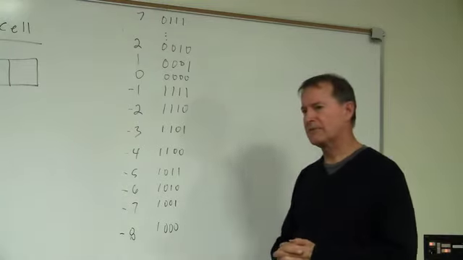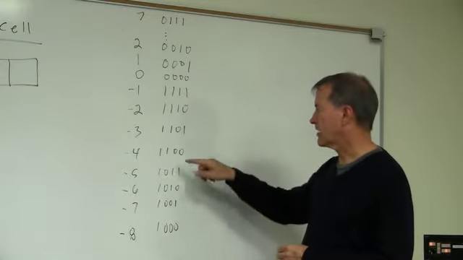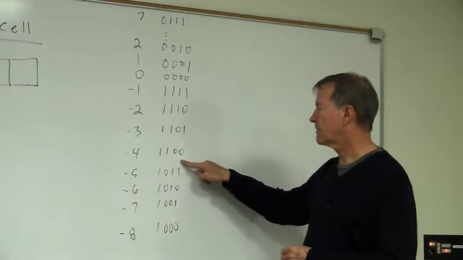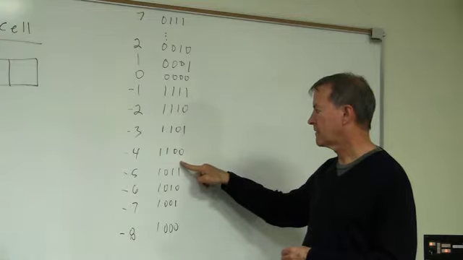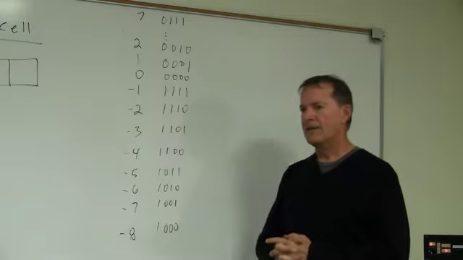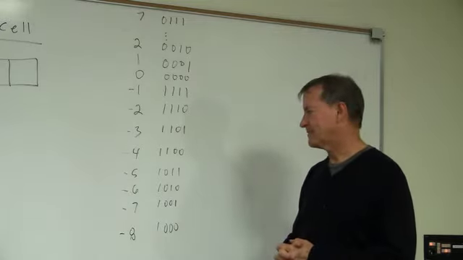Like take negative 4. We have 1, 1, 0, 0. That's not an 8 plus a 4, it's just a 4 and it's negative. But that rule doesn't go for the rest of them either. Like, that doesn't work for negative 5 if you don't include the first one and add the last 2.